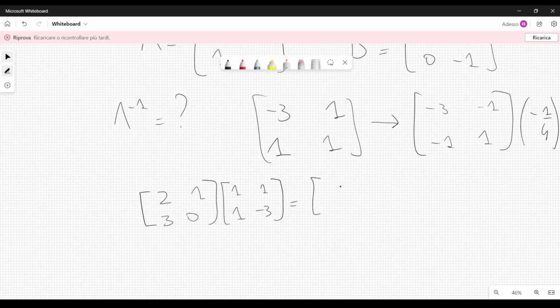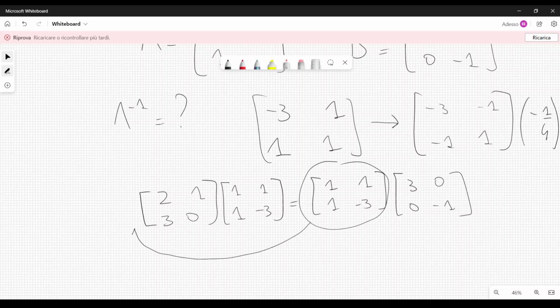This is equal to the matrix lambda 1, 1, 1, -3 applied to the diagonal matrix 3, 0, 0, -1. So you can check easily that these two are equal, and this is related to the concepts of eigenvalues and eigenvectors. So if we take the inverse of this, it will appear here, which means that we have lambda inverse A lambda equal to D.